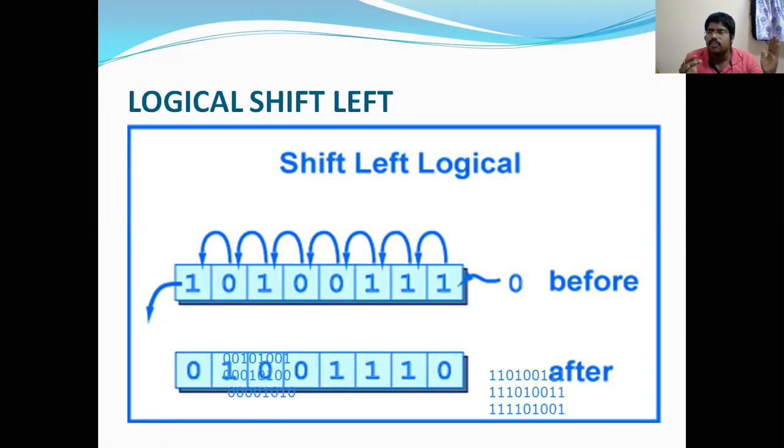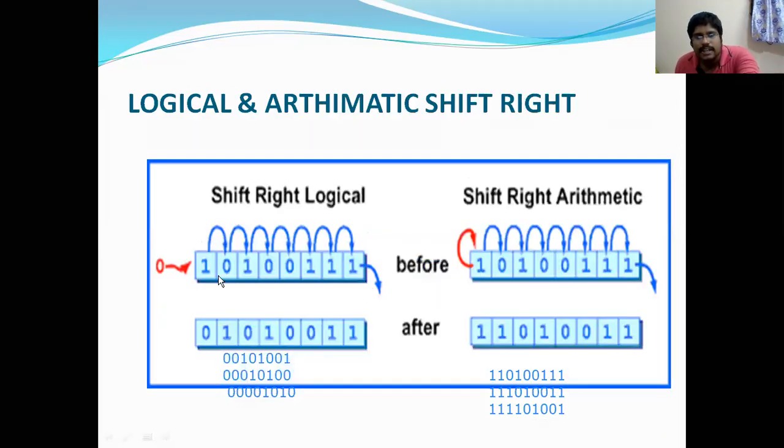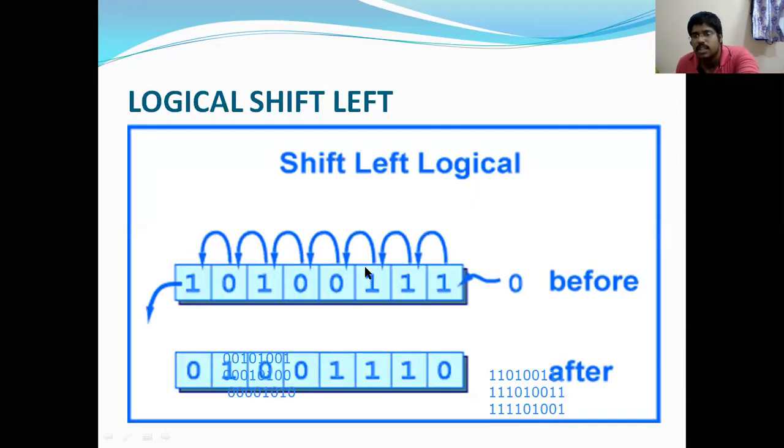Previously, the value shifted from left to right, but now it shifts from right to left. If you observe the previous slide, the data shifts from this side to this side, but here the data shifts from right side to left side.